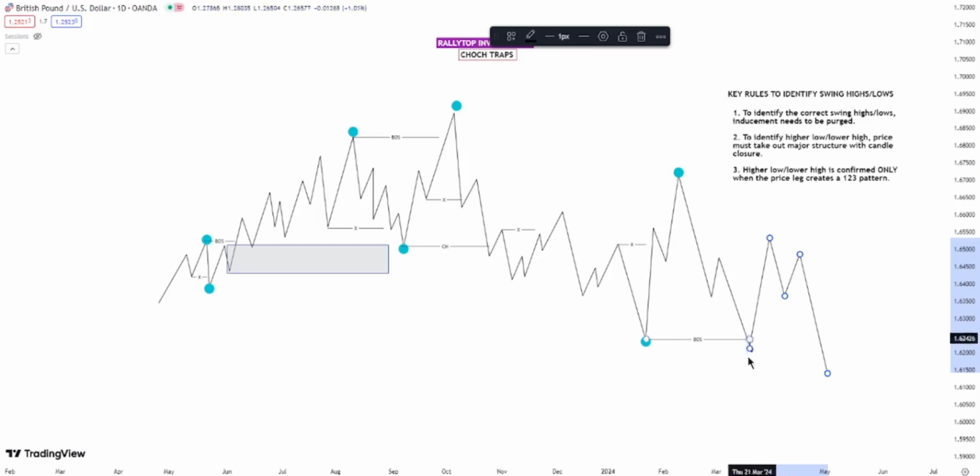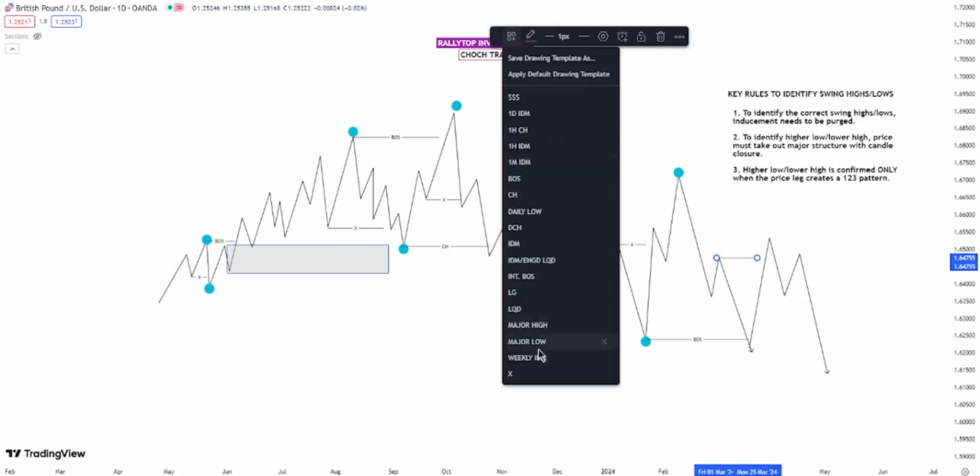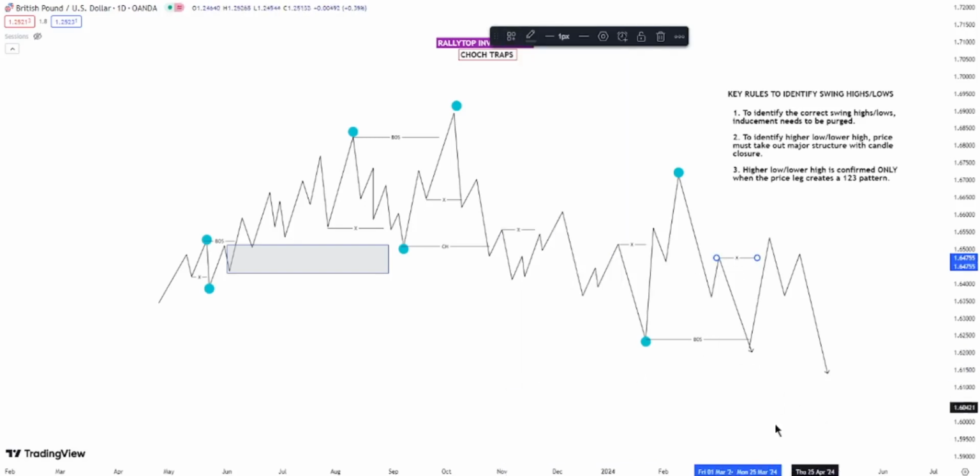Rule number one, for this low to be confirmed, must be fulfilled. That means inducement needs to be taken. And where is the inducement here? Here is your inducement in the market. Simple. As you can see, inducement has been grabbed. Meaning that this low can now be confirmed because rule number one has been fulfilled.